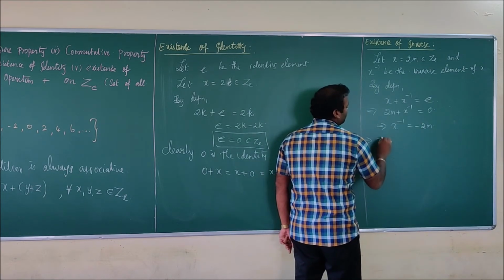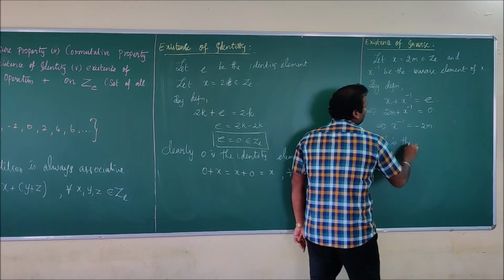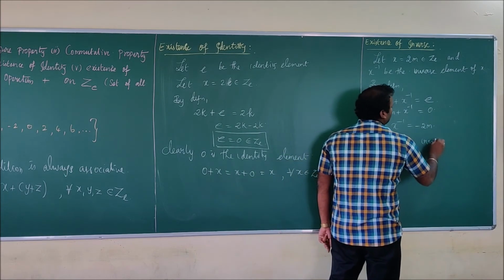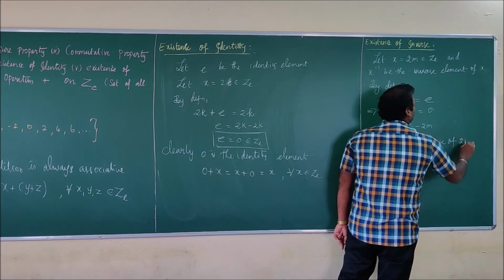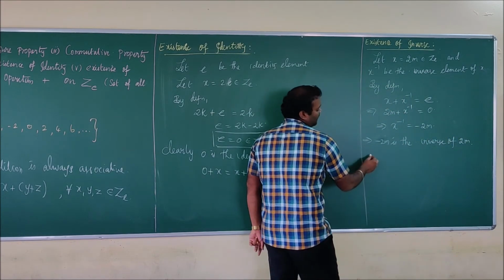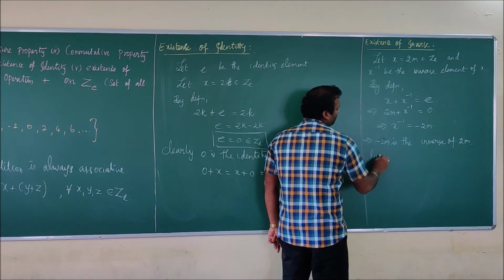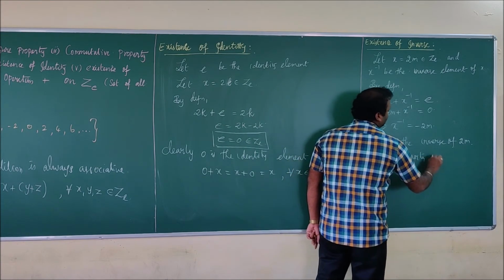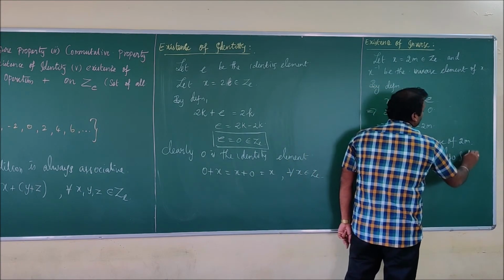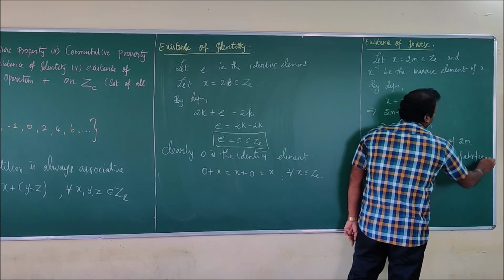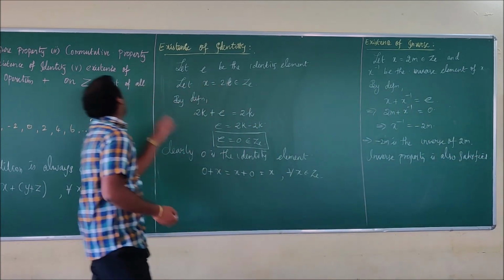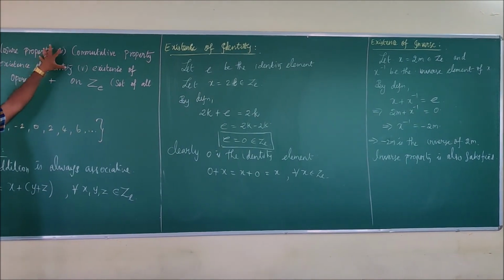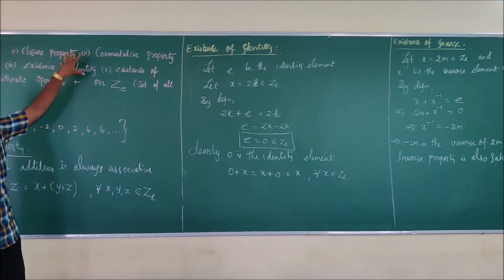So minus 2m is the inverse of 2m. So the inverse axiom is also satisfied. You can easily see that the operation plus on the set of all integers satisfies all the properties mentioned in the problem.